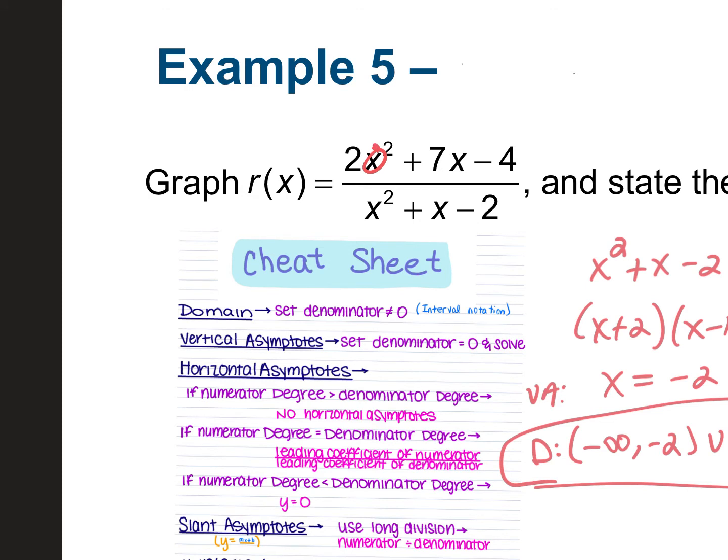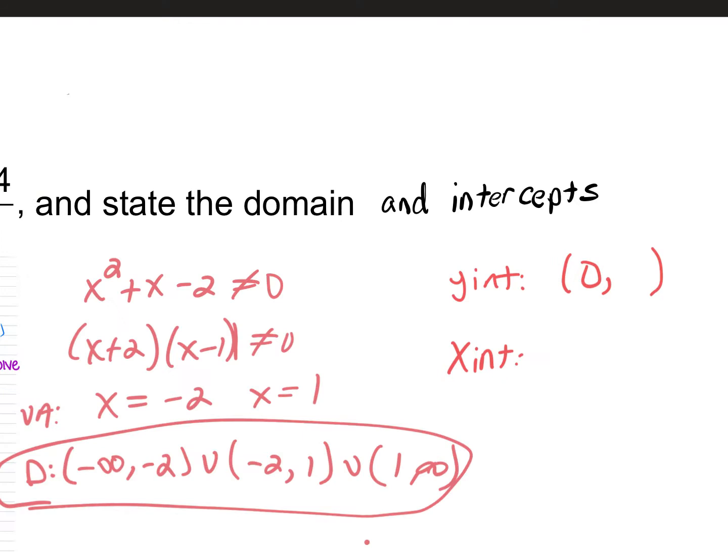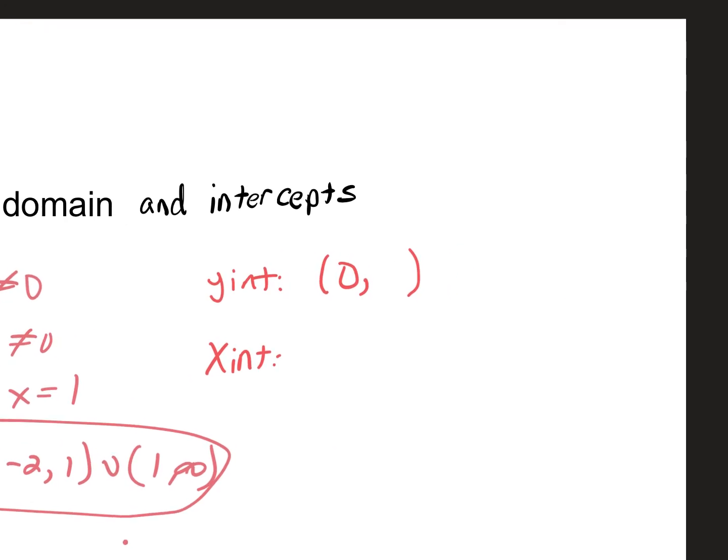It becomes 0. What happens when I plug in 0 here? It becomes 0. And here? 0. And here? 0. Can everyone figure out what -4 divided by -2 is? It's 2. So my y-intercept, when I plug in 0 for x, I get out 2 for y.